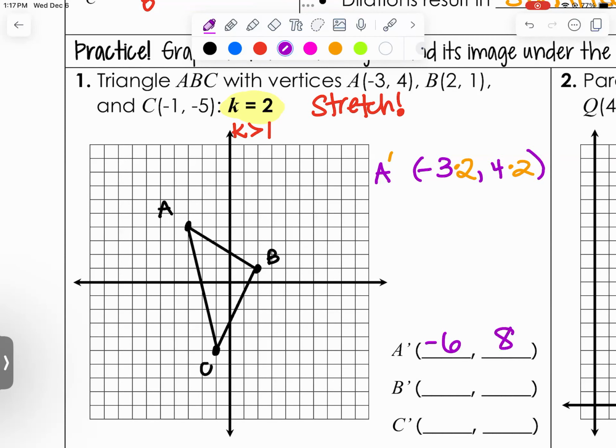Here's our new A prime. We need the coordinates and we need to plot them.